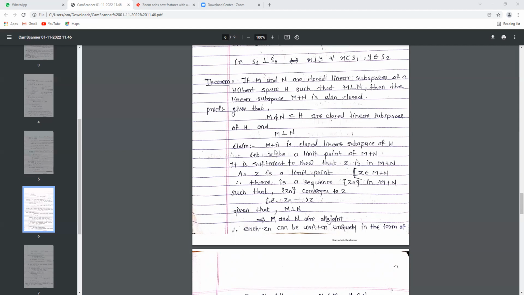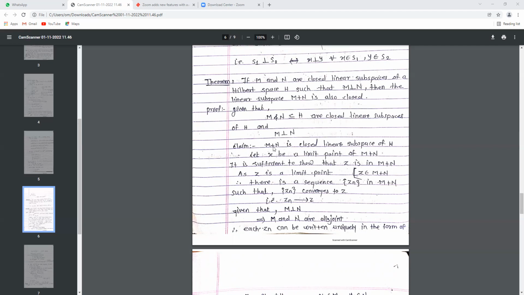That means any limit point of the space M plus N should lie in that space. If we consider any sequence from the space M plus N, it should converge in that same space.